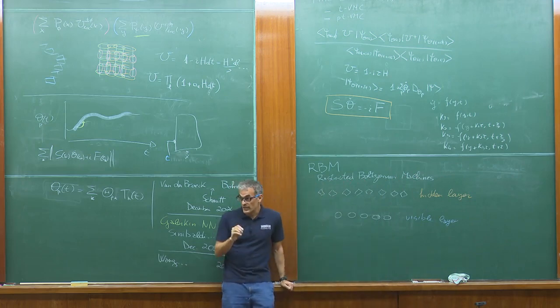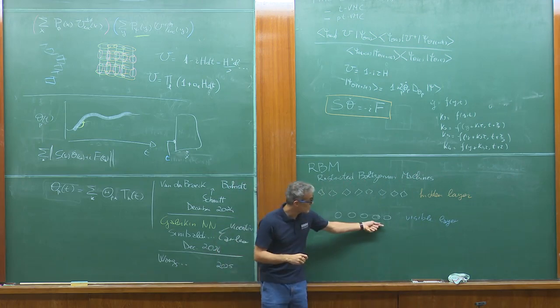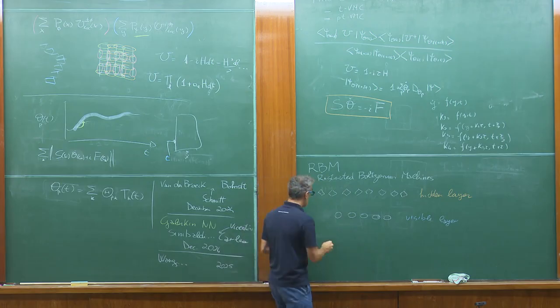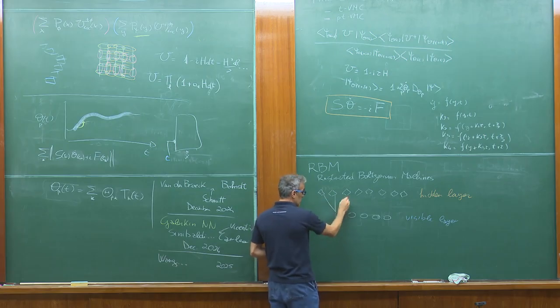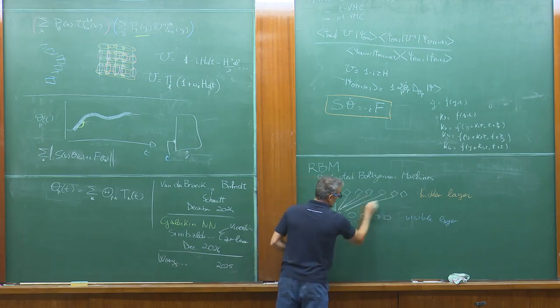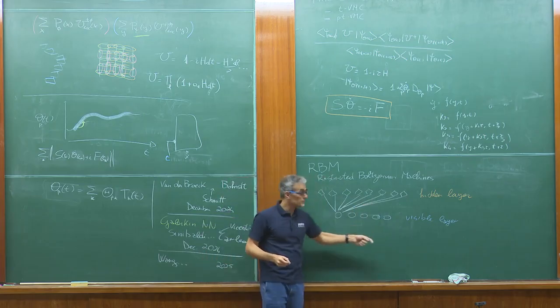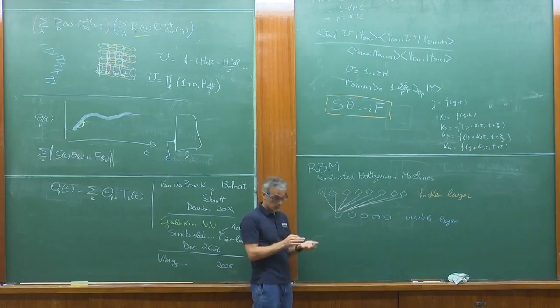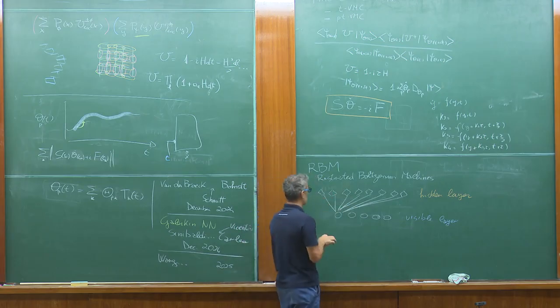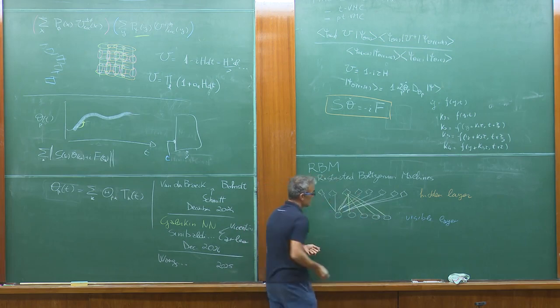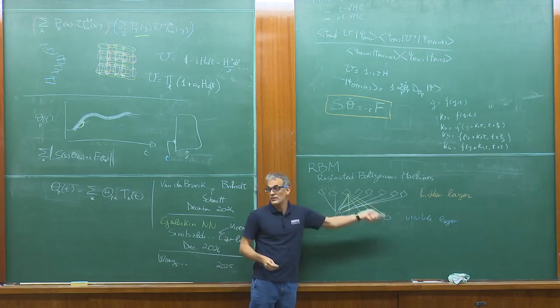The thing that makes it restricted is that within the visible or within the hidden layers, the different nodes are not directly connected. So they're only connected through the other layer: each visible node talks to all the hidden ones, but to none of the visible ones, and vice versa.